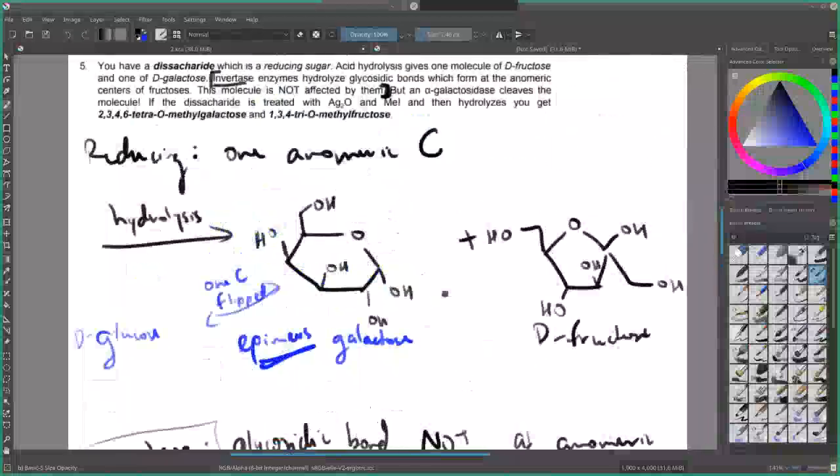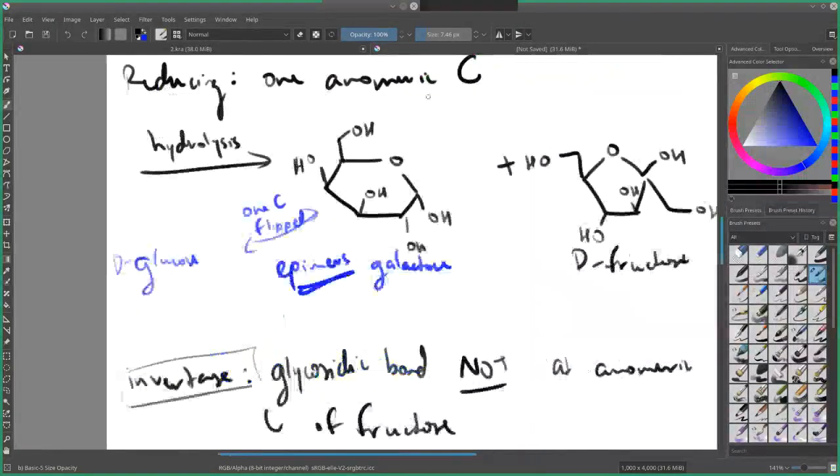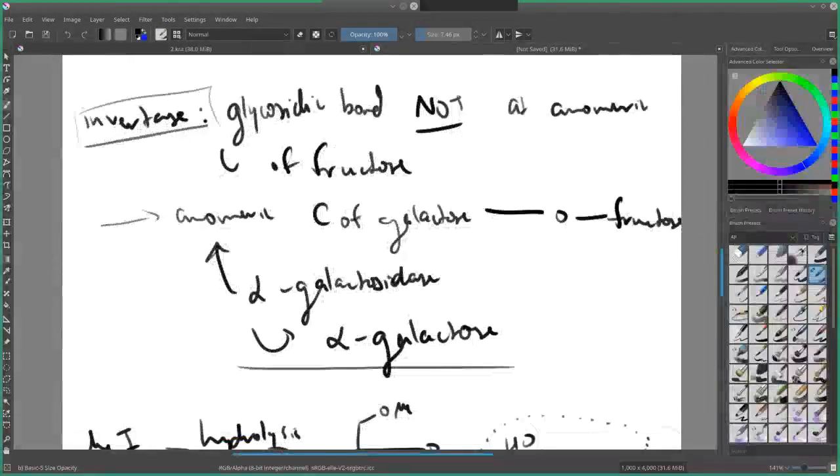And we especially know that because it's cleaved by an alpha galactosidase, which specifically cleaves disaccharides that have an alpha bond at the anomeric carbon of galactose.